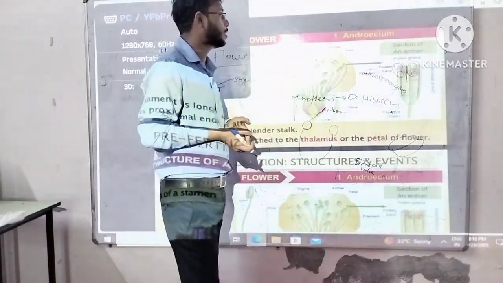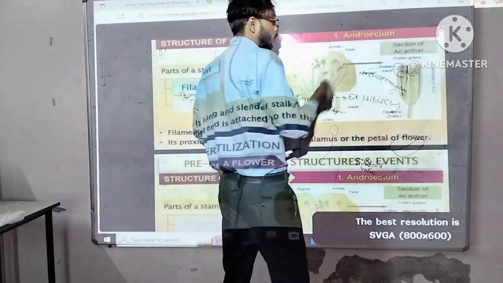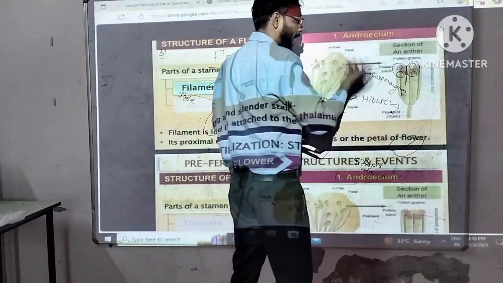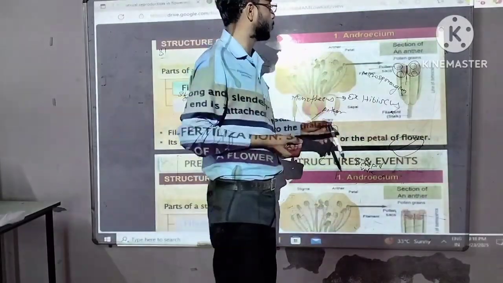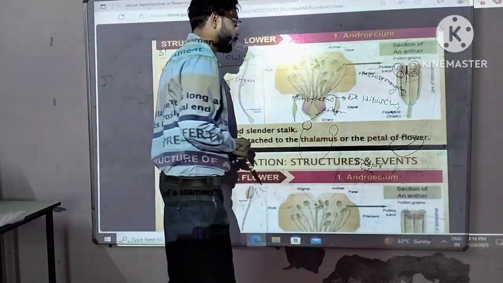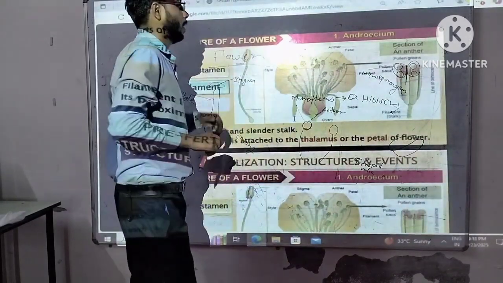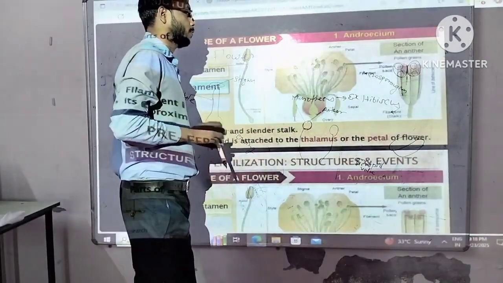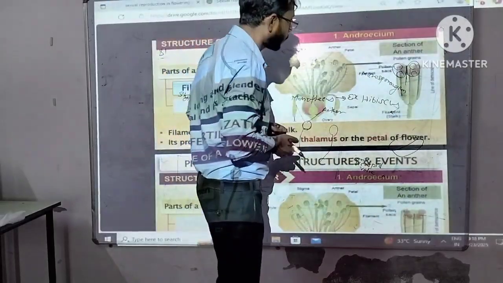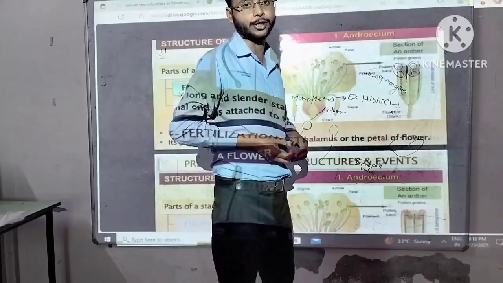Here, microspores are produced in this sac-like structure, the microsporangia, so it is known as a microsporangium. Now, we will discuss the different parts of the flowers, and we will study the microsporangia in detail. Thank you.